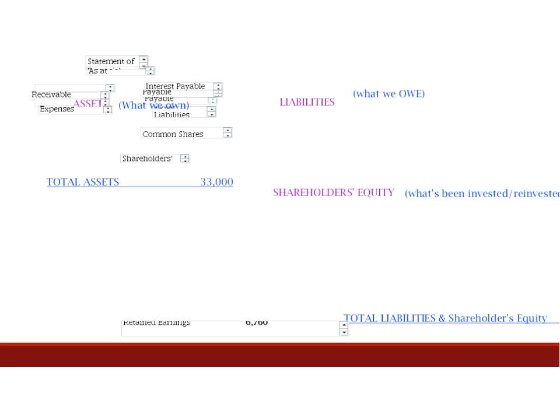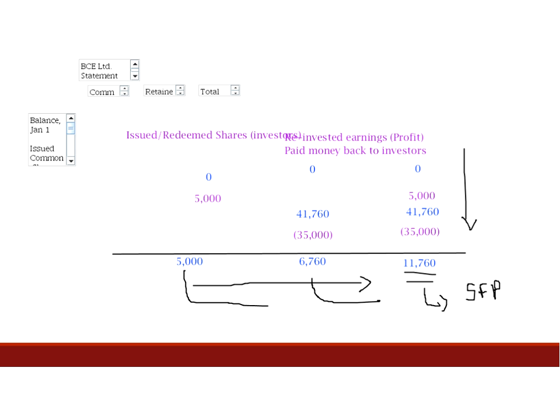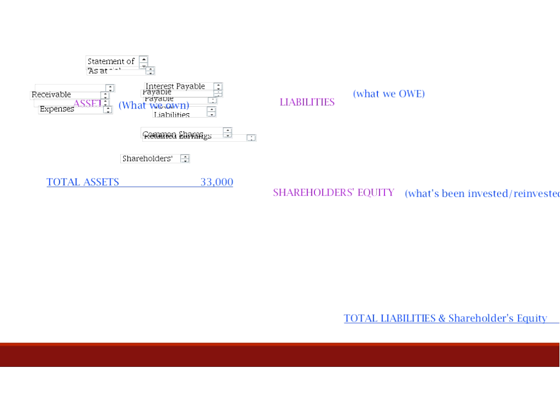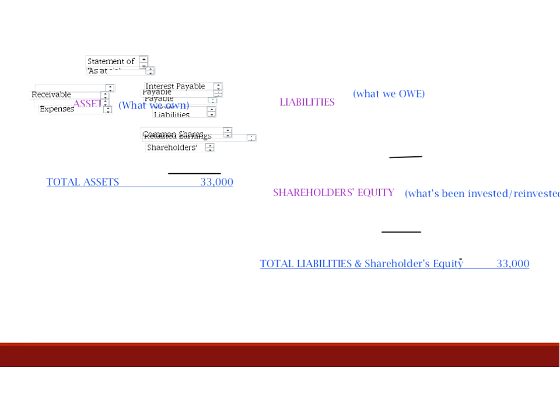We have our retained earnings, and again, very similarly, we get that from our statement of changes in equity. And we have our total equity. Okay, I'm just going to put a line here to show that this is mathematical additions. Then what we'll do is we're going to add those up together. So our total liabilities and shareholders' equity.